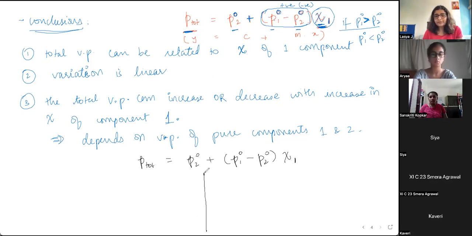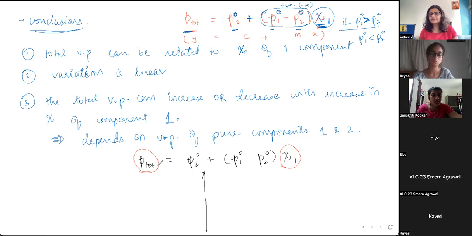Okay. So the third point is trying to tell you the relation between the total vapor pressure and the concentration. अगर एक component का concentration, if we have increased it, then what will happen to the total vapor pressure? Can we say for a fact total vapor pressure absolutely will increase, or can we say that total vapor pressure will absolutely decrease? ऐसा कुछ बोल सकते हैं?